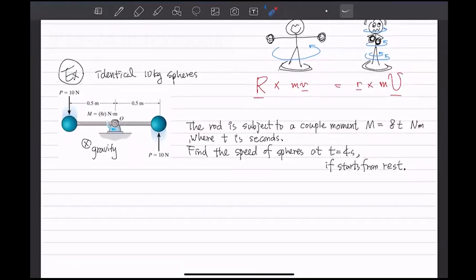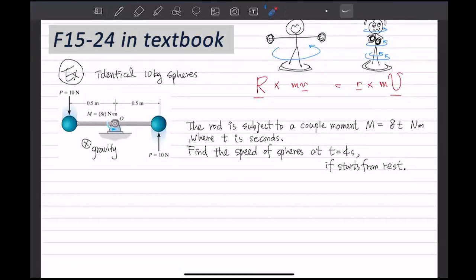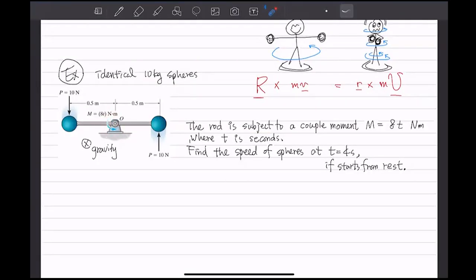Let's assume that there are two identical 10-kilogram spheres like this, and the rod is subject to a couple moment that is applied by something in here. Maybe you turn it, or there's a motor or something like that. So this is providing a torque continuously, and that is 8 times t, where t is in seconds.